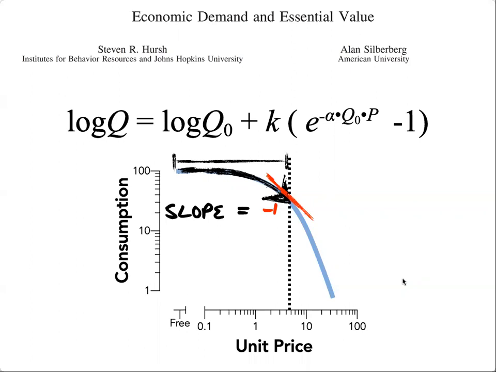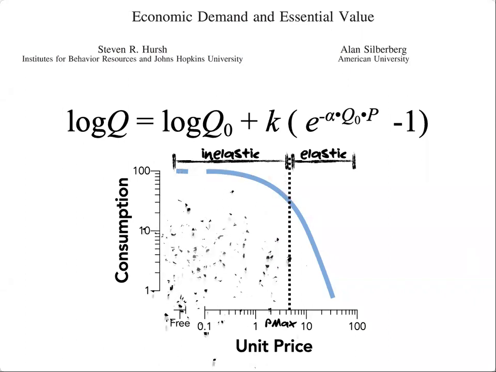Now, conceptually, what that means is everything to the left of that unit price is part of the inelastic portion of the demand curve, where a 1 unit increase in price is met with less than 1 unit decrease in consumption. When we get past that Pmax, or that maximum price, things become elastic. So now we're getting greater than 1 unit decrease in consumption with each 1 unit increase in price. So that is that maximum price I had mentioned earlier.